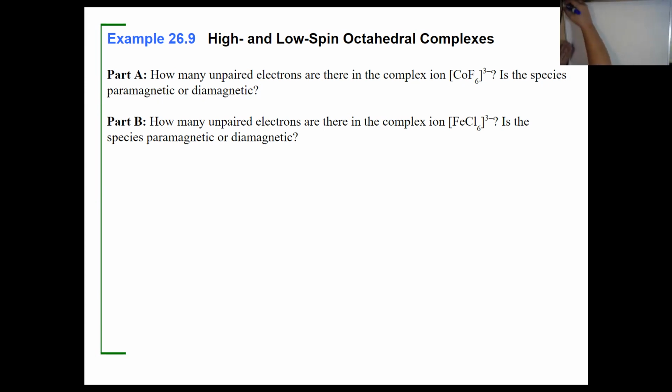So we're going to be looking at CoF6 3-, and then FeCl6 3-. Both of these are complex anions, right? Just to be clear. And what we're looking for is unpaired electrons and whether the species is paramagnetic or diamagnetic, right?